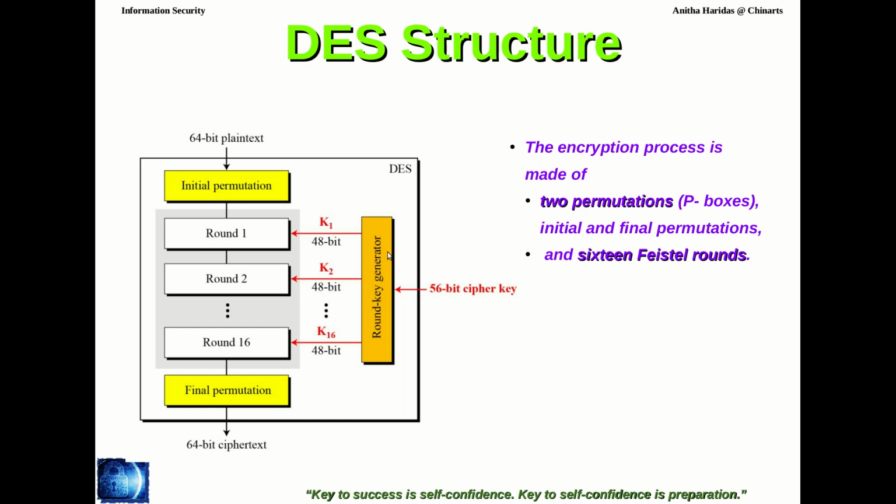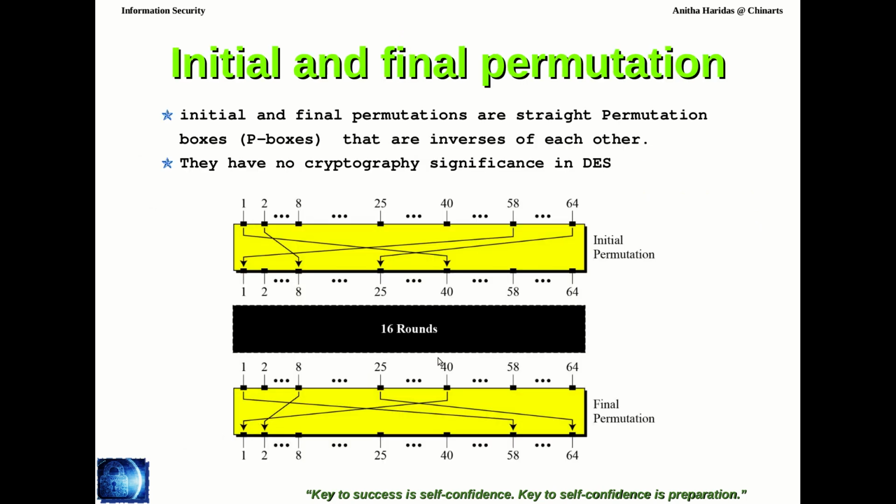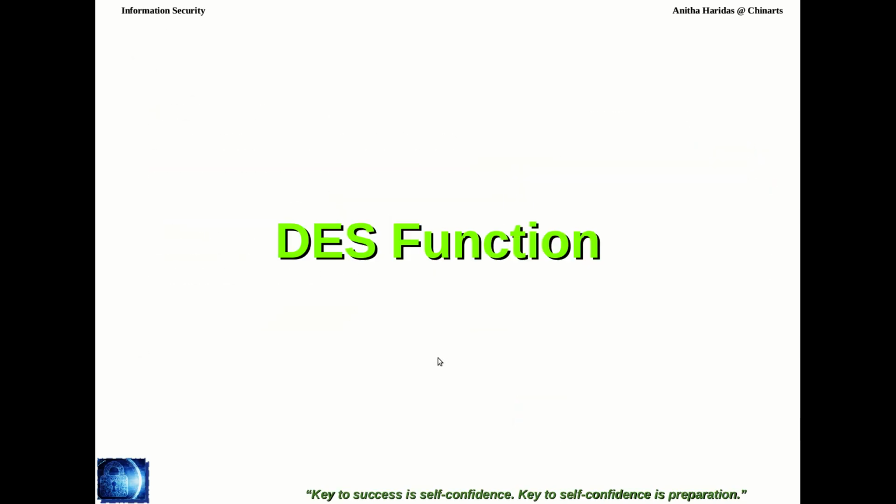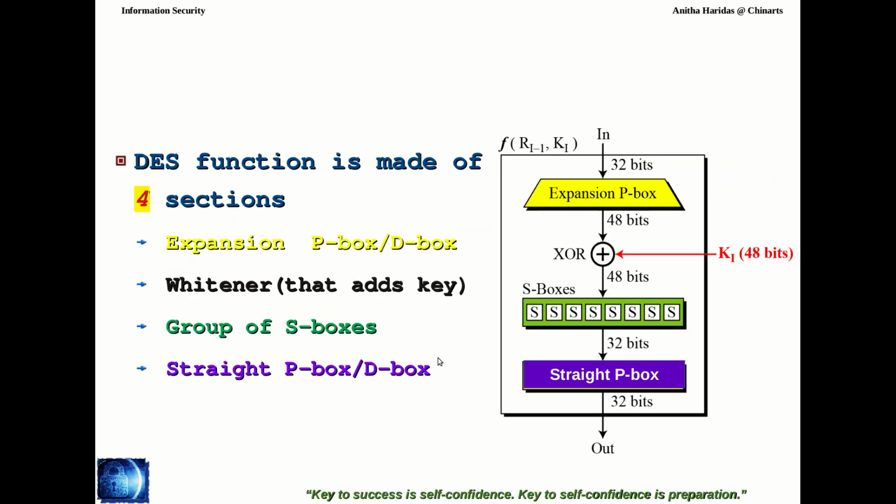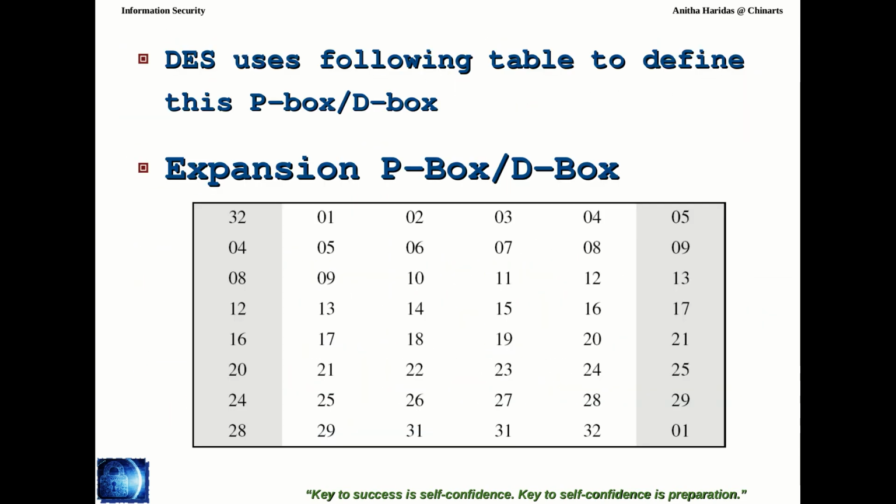So how this round key generator gets the 56-bit input and produces 48-bit keys for each round from round 1 to round 16. So that is what we are going to discuss here in this video. The key generation will be discussed.